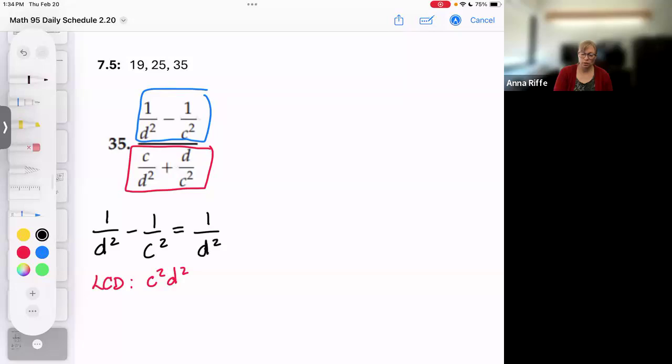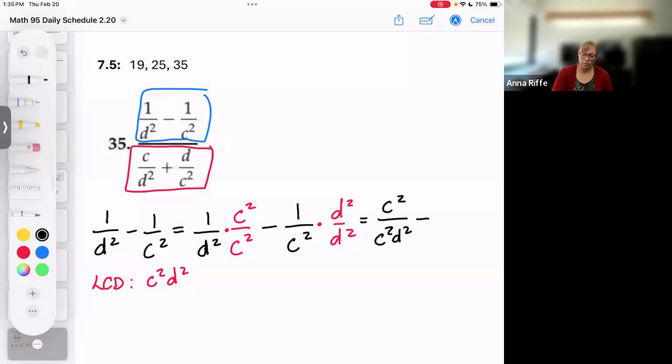So 1 over d squared, we want to write with a denominator of c squared d squared. It is missing the c squared term. And then 1 over c squared. It is missing the d squared term. So that will give us c squared over c squared d squared minus d squared over c squared d squared.